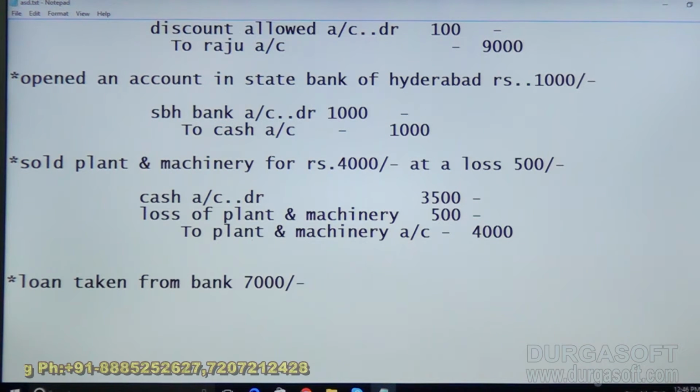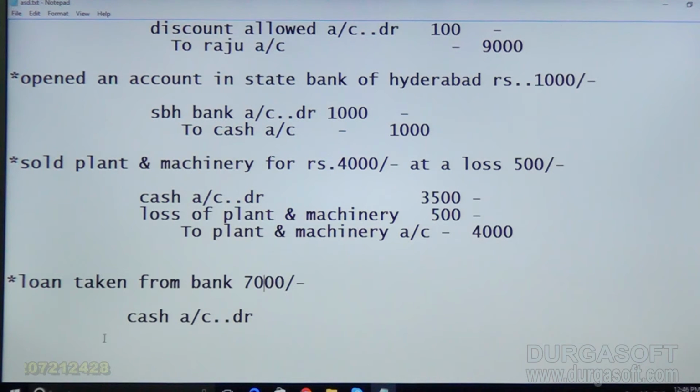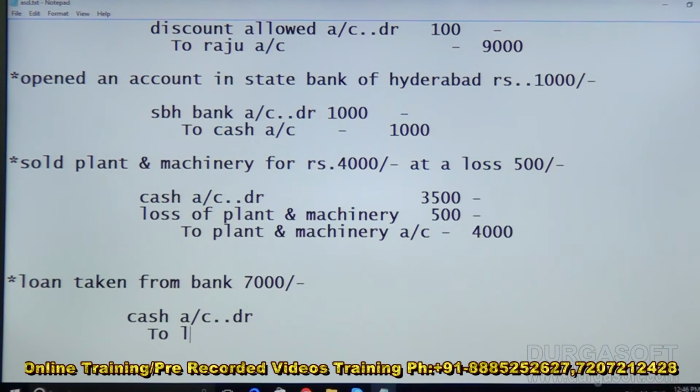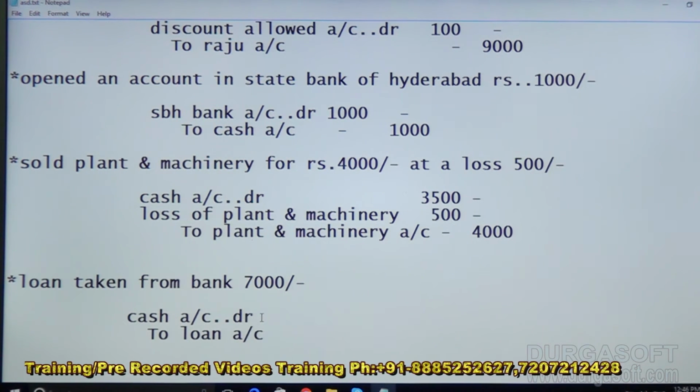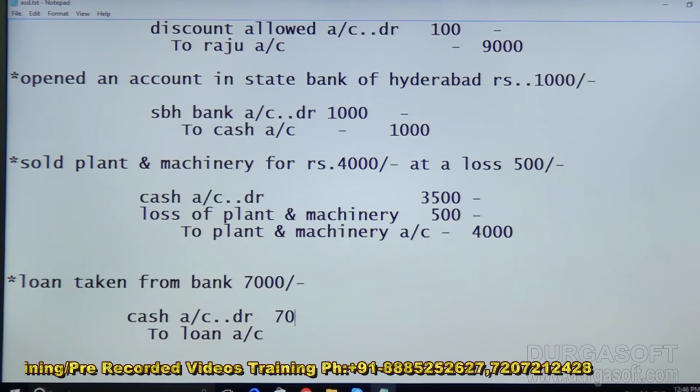We are taking the loan, cash account debit, means we are receiving the cash, so we need to mention it as cash. From where are we receiving? Loan. To loan account. So we need to write here 7,000.